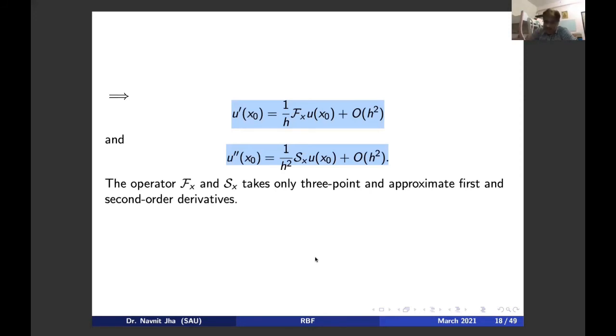And more interesting is that these two operators use only 3 points for the RBF approximation. And this is nothing but, in the limiting case, the combination of the forward difference operator, backward difference operator, averaging operator, and central difference operator. Any question? Any query?